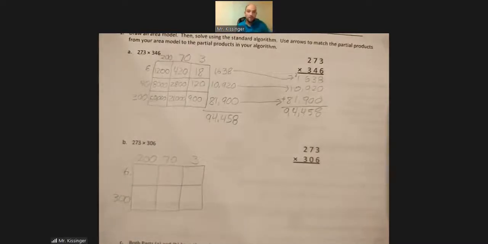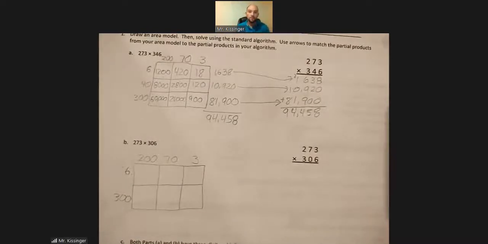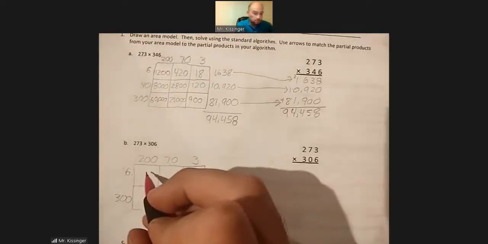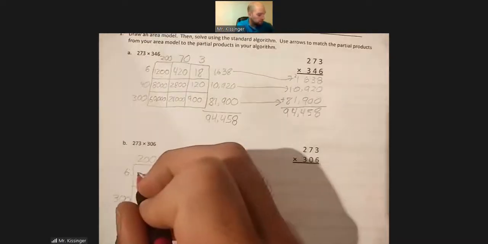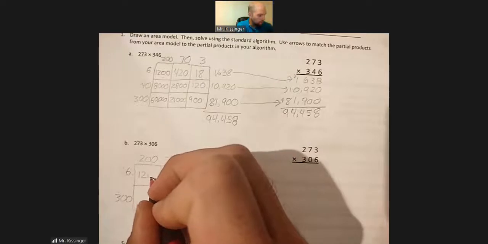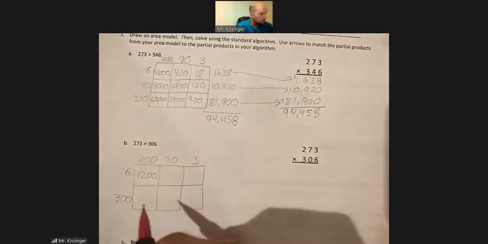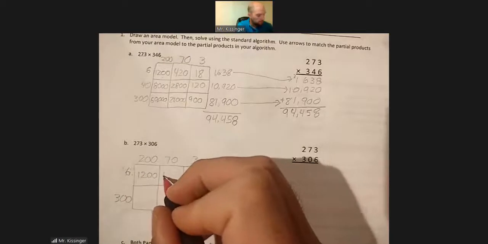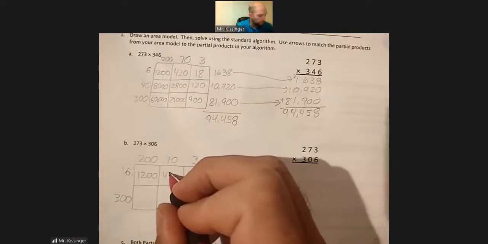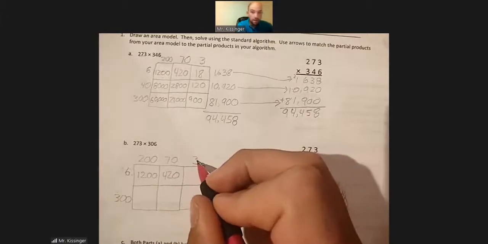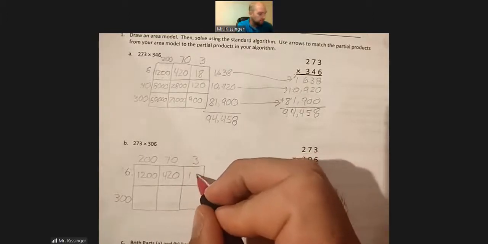So now we'll only have 2 partial products instead of 3 to add together. Start with our first square, 200 times 6, 1,200. 70 times 6, 420. And then 3 times 6 is 18.